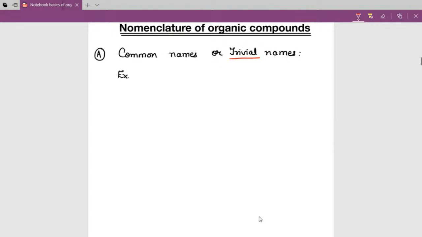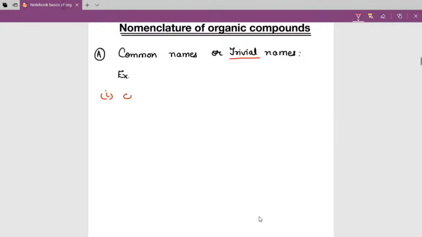There is no fixed rule, fixed logic that a particular thing will be given this type of trivial name. Yes, we do have to remember certain common names. Why? Because they are so much in practice that you cannot work without them.